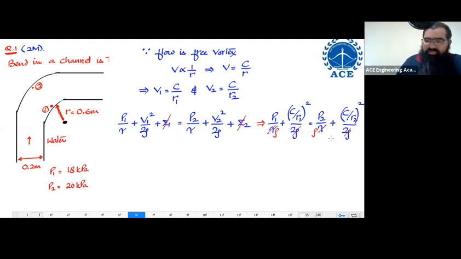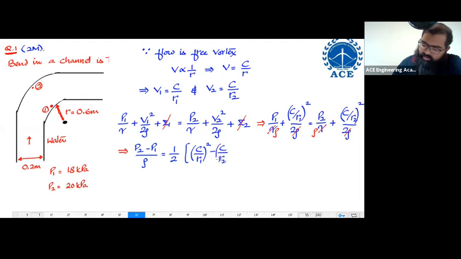Take the terms corresponding to R1 and R2 on one side and P1 and P2 on the other side. So what do I have from here? This implies the value of (P2 minus P1) whole divided by density has to be equal to 1 by 2 times (C by R1) whole square minus (C by R2) whole square.